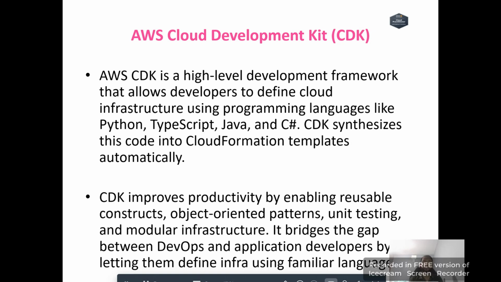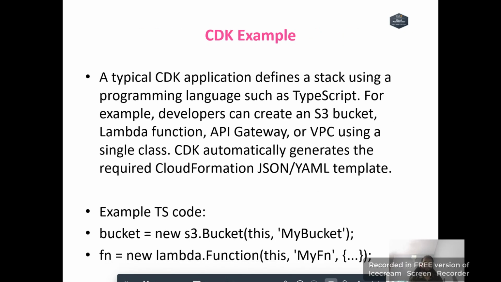CDK improves productivity by enabling reusable constructs, object-oriented patterns, unit testing, and modular infrastructure. It bridges the gap between DevOps and application developers by letting them define infrastructure using familiar languages.